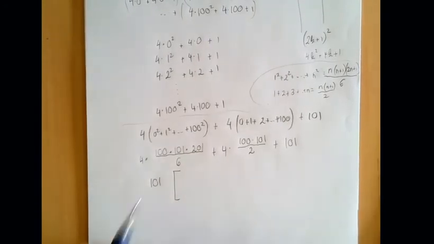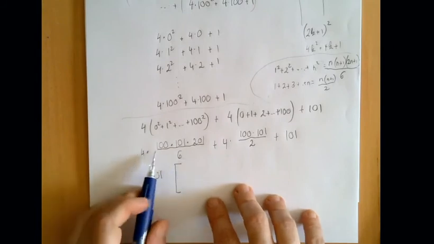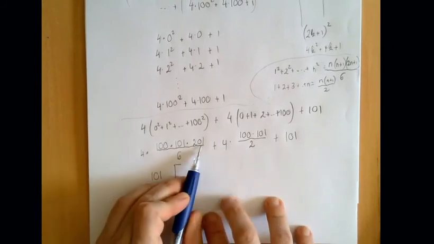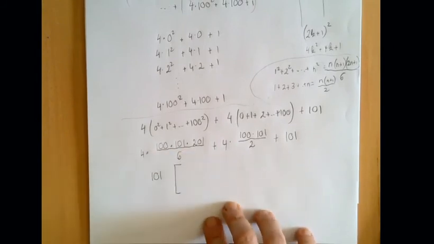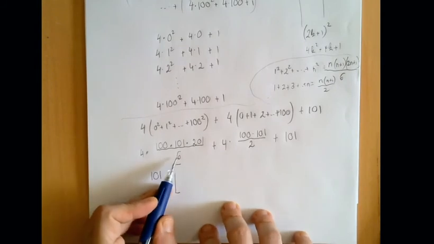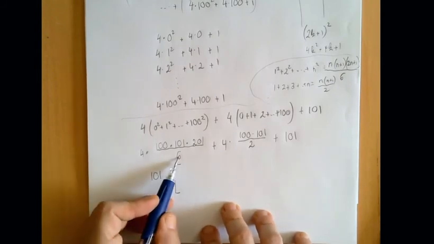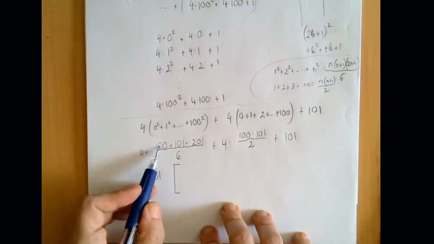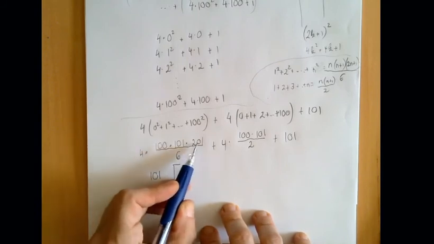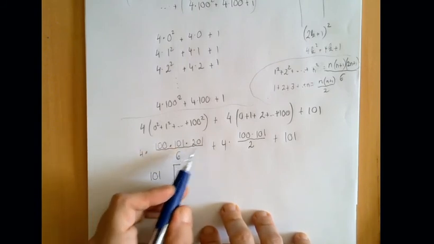But if we factor out 101, then this piece is going to be 100 times 201 times 4 divided by 6. And I want to cancel a little bit. We can cancel out 2 using 100 and cancel out 3 using 201.